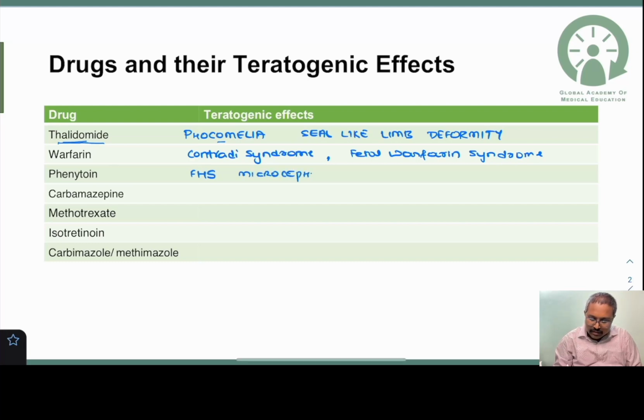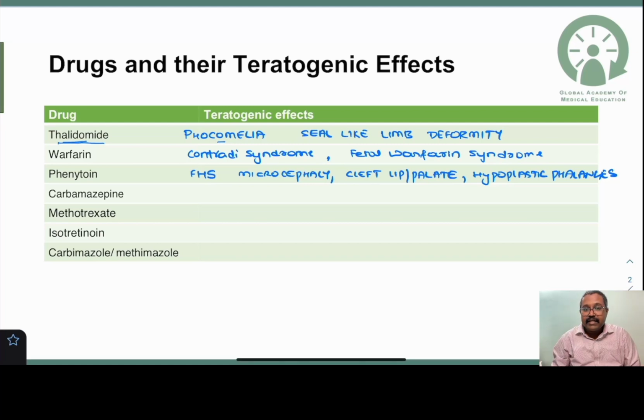microcephaly, cleft lip or cleft palate, as well as hypoplastic phalanges.